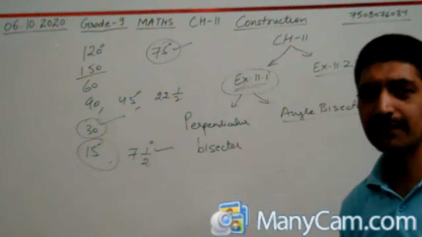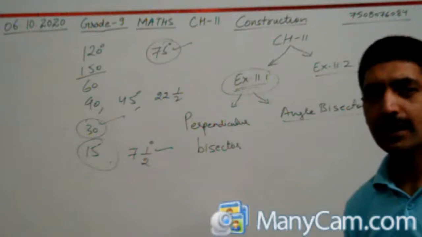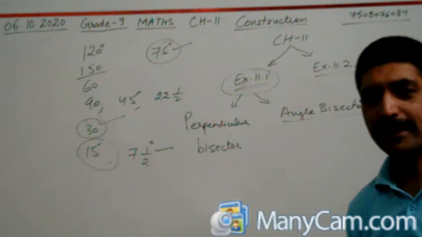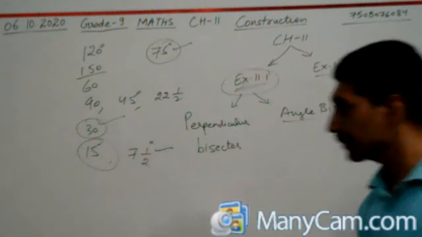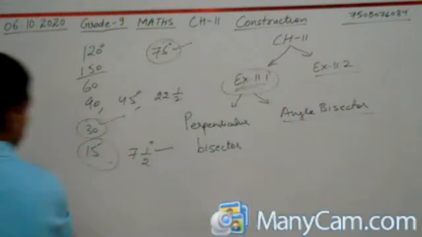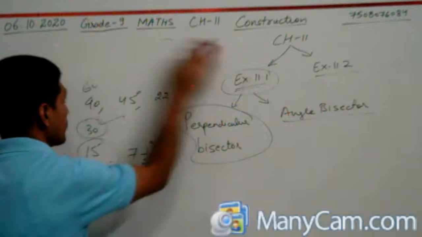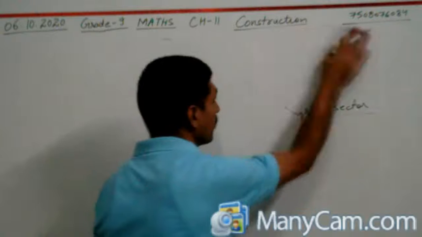So we will start with the very basic concept, how to draw a line segment, how to draw the perpendicular bisector of a line segment, and then the angles. Okay. So here we will start with the perpendicular bisector. Sometimes a question is in the final examination also.